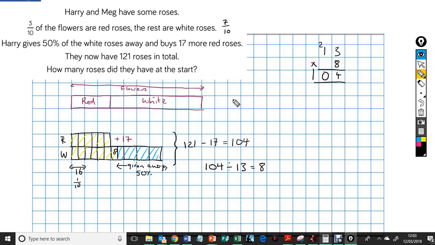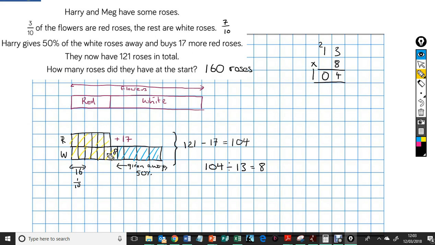And let's go back to find out what we were asked. We were asked how many roses did they have at the start. Well, at the start they had 10 tenths, 1 whole. I know that 1/10 is 16, so 16 times 10 is 160. So how many roses did they have at the start? That's 160 roses.